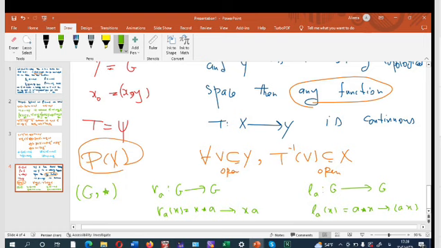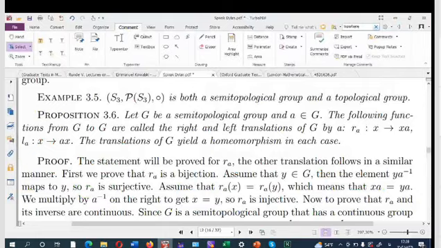Now in this proposition we prove that these two functions are homeomorphisms. Please note that Ra from G to G maps x to xA, and La from G to G maps x to Ax.